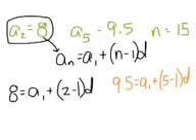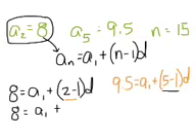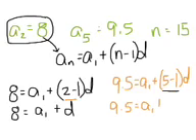So when I set that up, right now what I'm going to do is simplify that a little bit. So I've got 8 equals a1 plus 2 minus 1 is 1, d, and then over here I've got 9.5 equals a1 plus 4d.